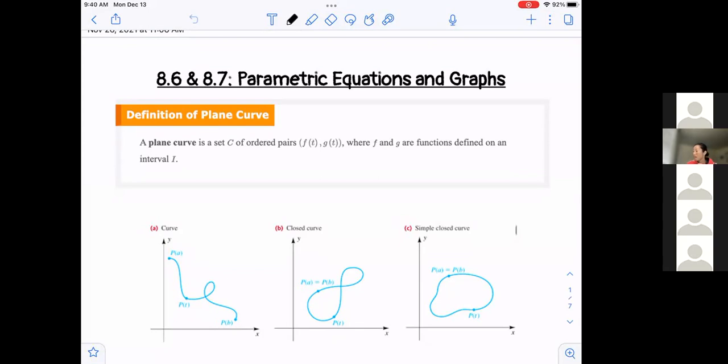Can anyone tell me the other common name for rectangular coordinate system? Yeah, Cartesian. There's so many different vocabulary terms here, but Cartesian is another way of saying rectangular, right?